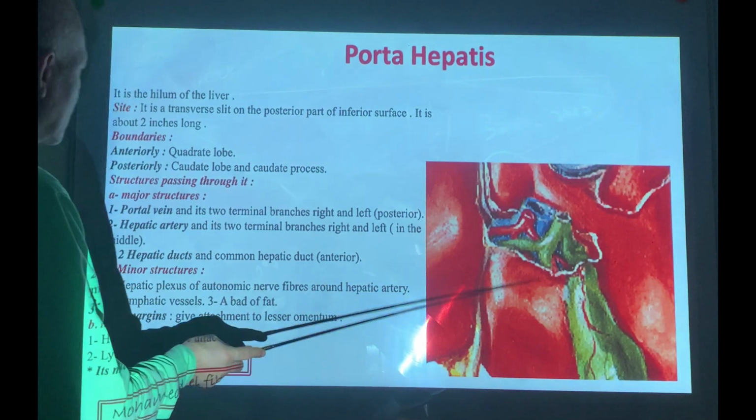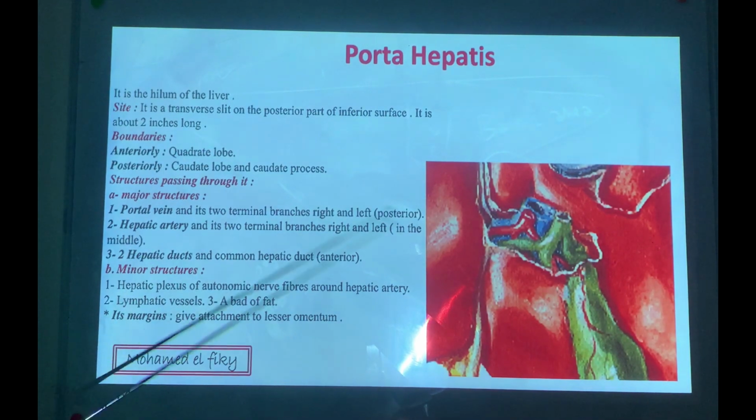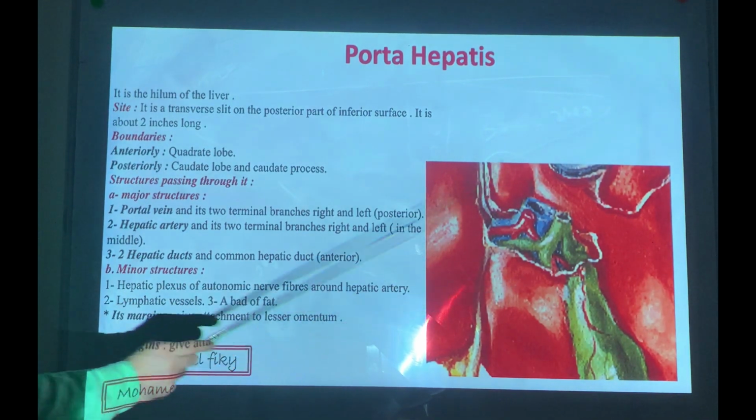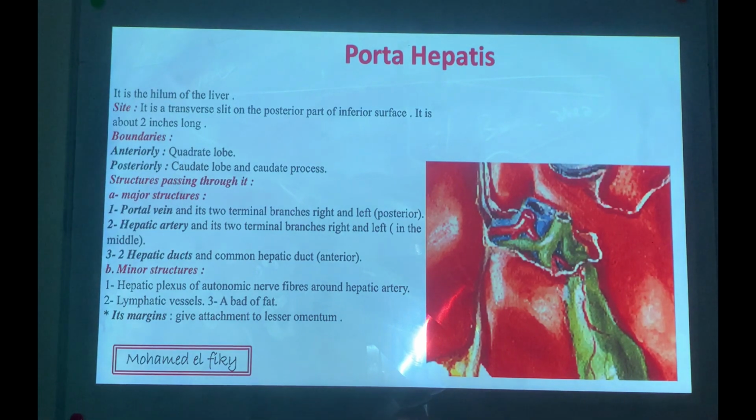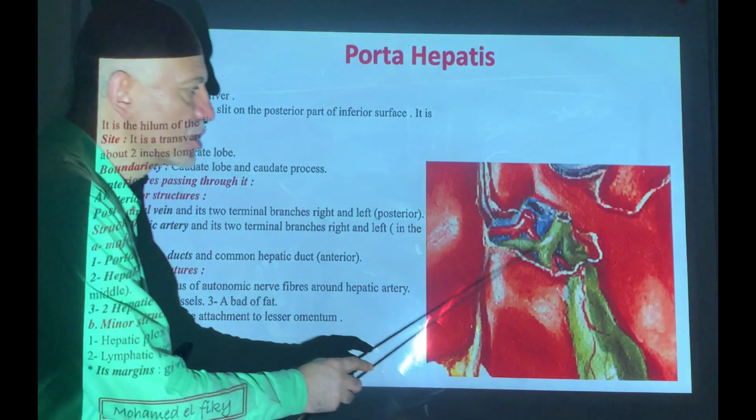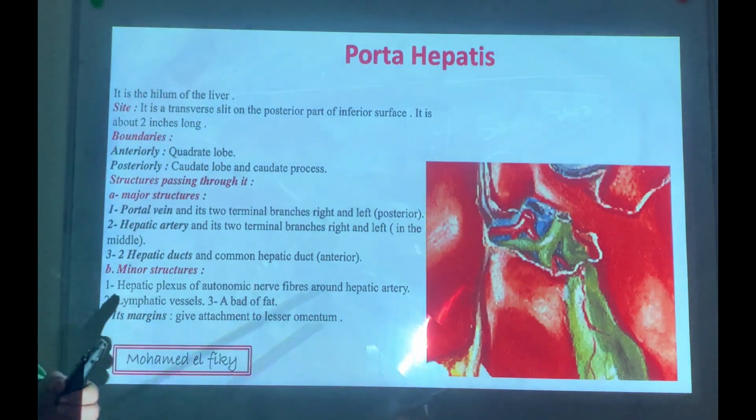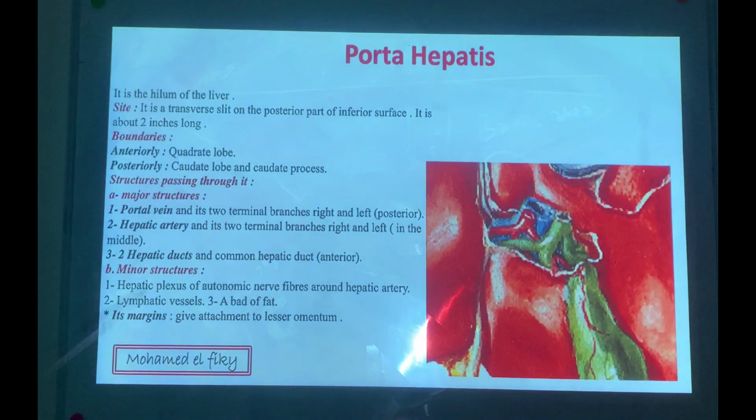Its boundaries are the caudate lobe and the quadrate lobe. Structures passing through it, three major structures: portal vein, hepatic artery, and two hepatic ducts which later on form the common hepatic duct, later on to form the common bile duct. These are the major structures.